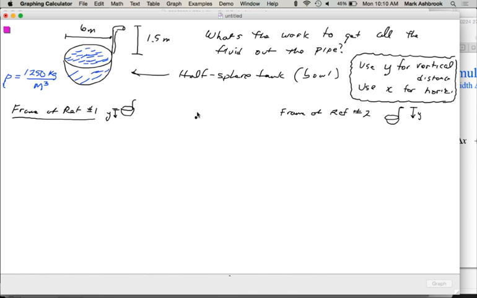We need to find the work for a typical horizontal slice of water that all has to move the same distance. And what will that be in this case? If you take a slice in this, what do you get? You get a pancake, right? So we're going to have our little bit of work for a pancake.